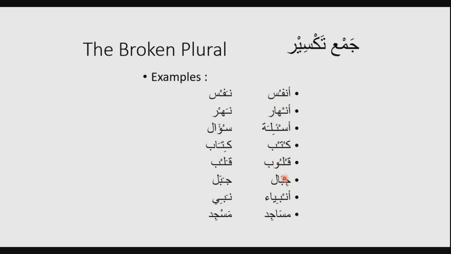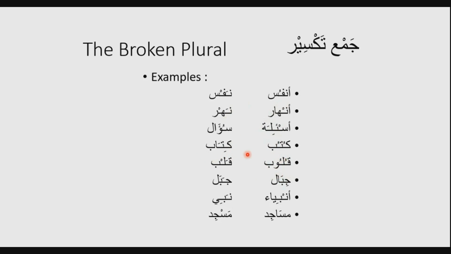The right ones are the plurals, and these ones are the singulars. So it's really difficult for you to understand what's plural, and you do not have any suffixes. You have some changes, but it's not exactly waw noon, alif noon, ya noon, or alif ta. So this is really difficult.